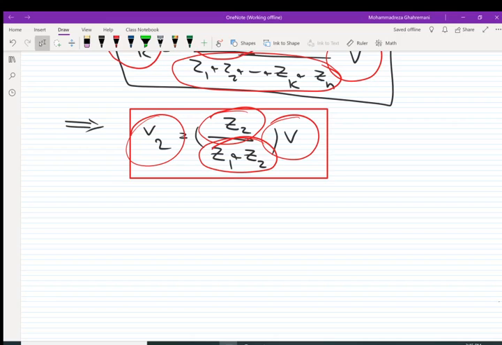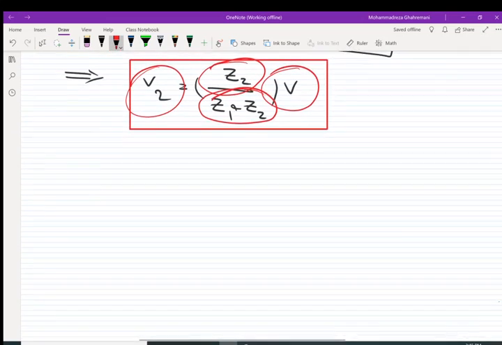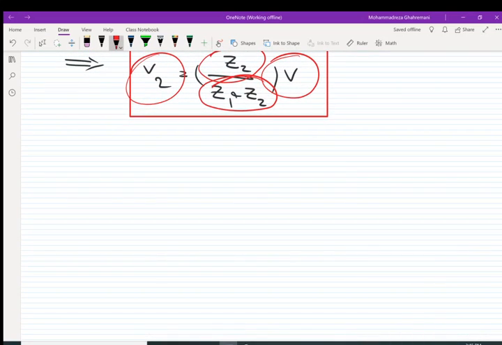Let's solve one example here. Here we have an example. In the following circuit, we want to find a few things.